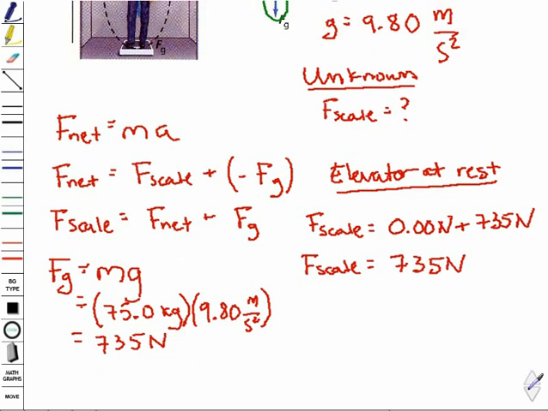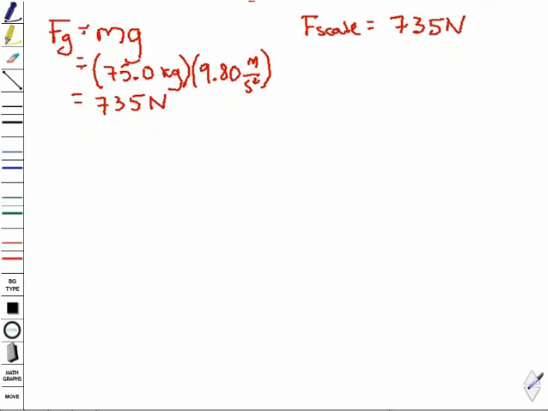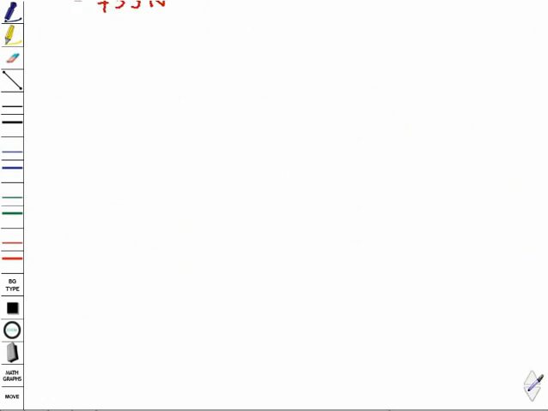We're going to scroll down here to give us a little bit more room because the problem asked us to compare the elevator at rest to when it was accelerating. So now we have to look at the situation when the elevator is accelerating. We still have our same formula. The force from the scale is equal to the net force plus the weight, or the force from gravity, except in this case our net force isn't 0 anymore because we are actually accelerating.